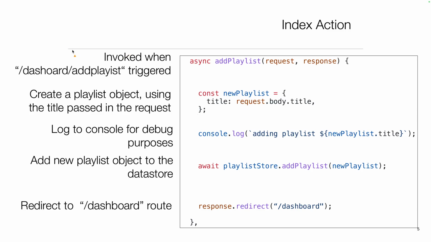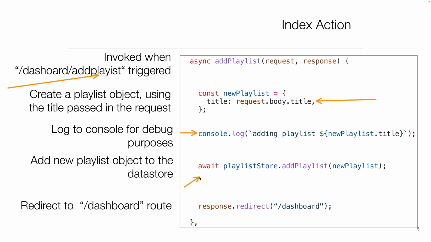When we want to call the action add playlist, we hit the dashboard add playlist route, and it triggers this action. And here, we're essentially just creating a new playlist, and all it really has is a title at the moment. So this is an object with a title that's being pulled from the body of the request. An additional log to help with debugging.